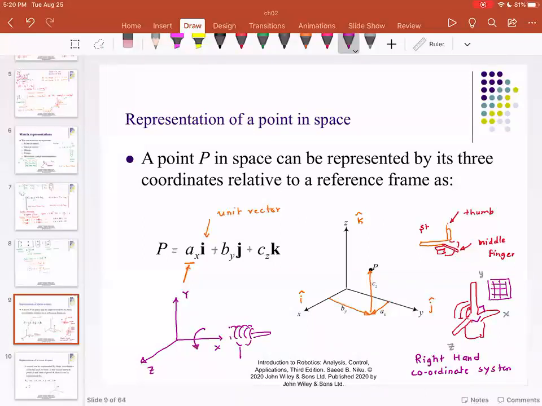You will notice that your thumb is pointing towards the same direction as X. So your thumb is in the same direction as X, but your fingers are curled in the direction of the rotation. So in that case, this theta X is positive.